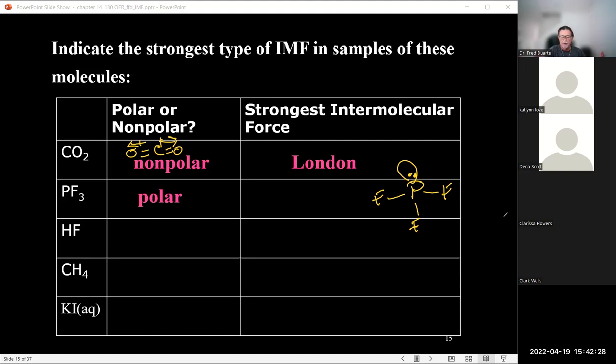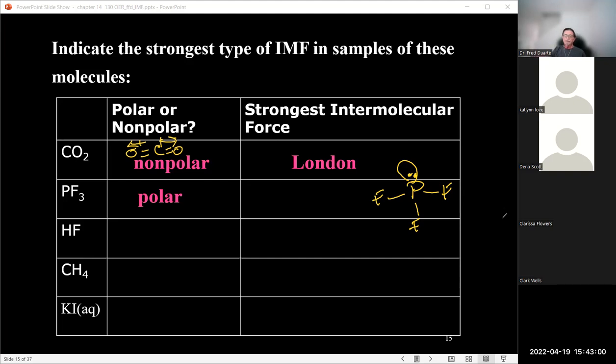Once we identify it as a polar molecule, we can eliminate London dispersion forces because you've got to be nonpolar. We can eliminate ion dipole because we're not dealing with any ionic compounds here. So the only choice you've got left is either dipole or hydrogen bonding. It can't be hydrogen bonding because that only pertains to hydrogen bonded to nitrogen, oxygen, or fluorine, and we have no hydrogen at all.